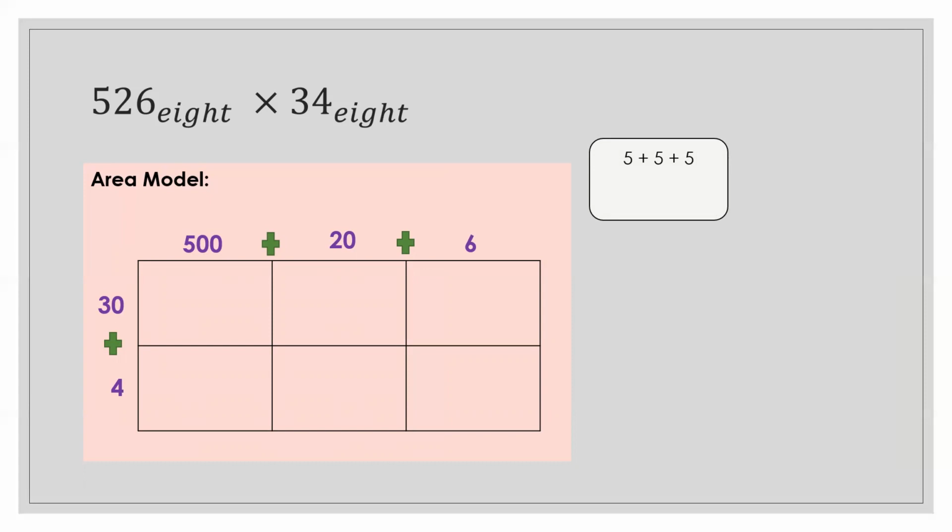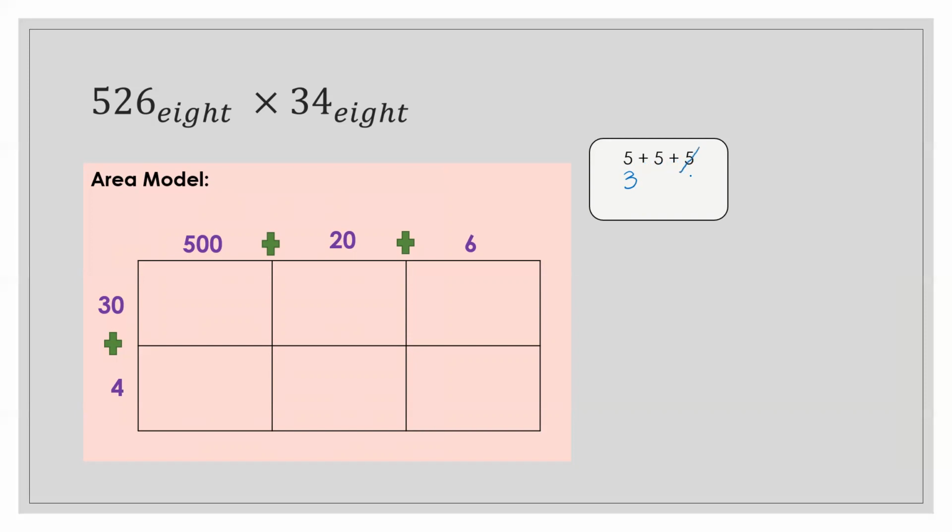3 times 5 can be thought of as 3 groups of 5. So I have 5 plus 5 plus 5. And notice I don't draw the dots because that's a lot of dots, right? We can use our base 10 numerals here to think about this. This 5 right here is going to need 3 more to make a full group of 8.